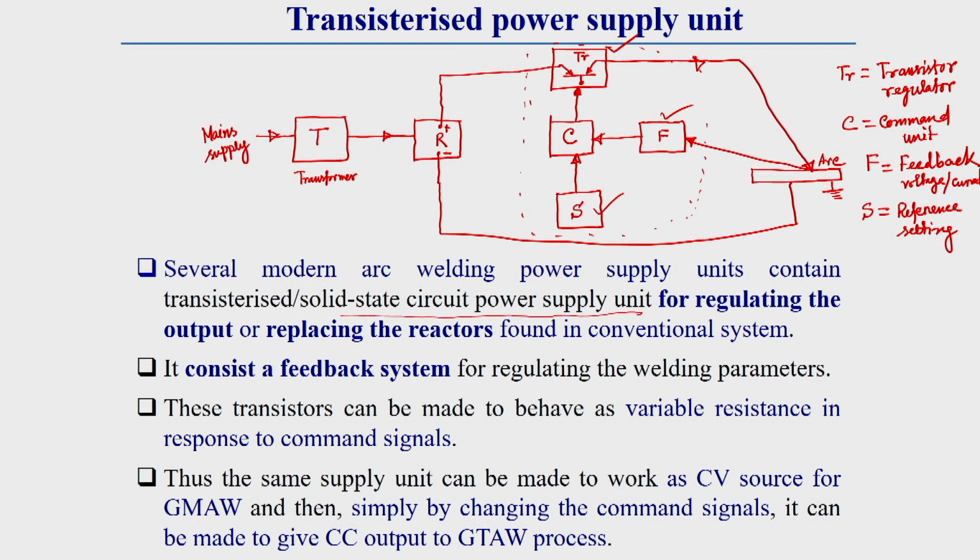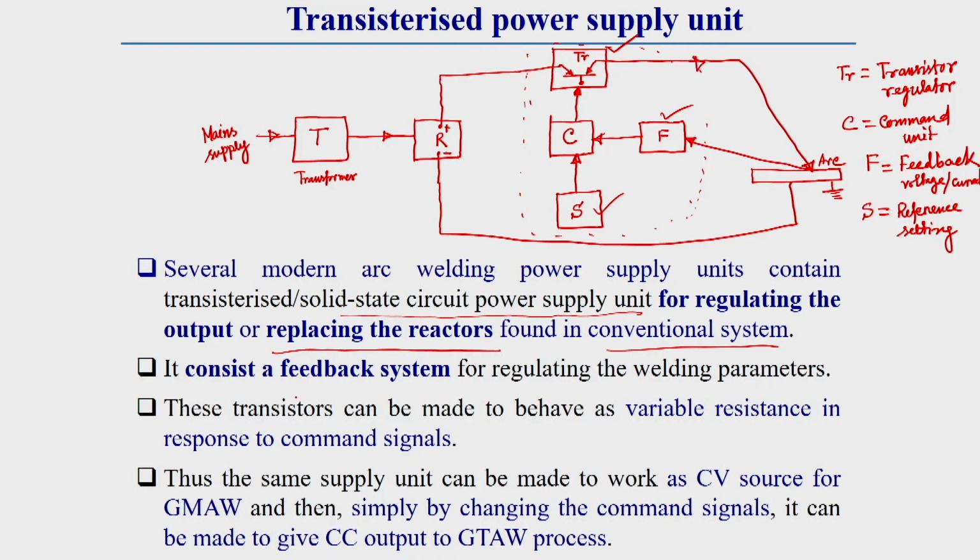This is used for regulating the output, or replacing the reactors found in conventional systems. That is what I have already discussed, that means the 3 different types of reactor which are used in case of AC current. So, by using this type of transistor power supply unit, we can eliminate that reactor set also.